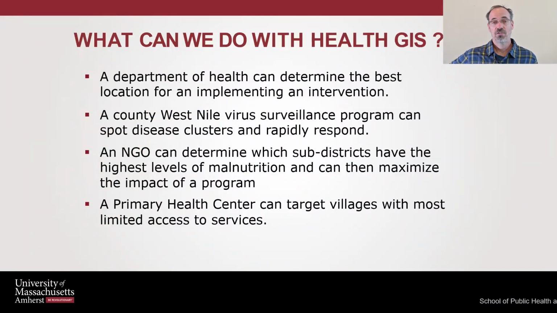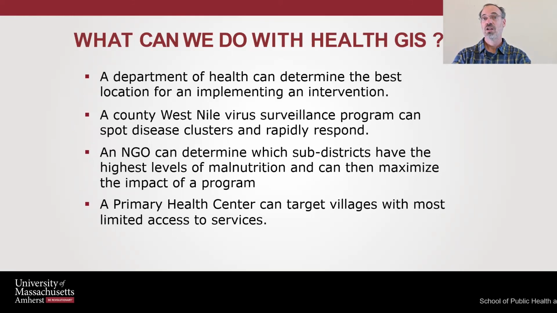What can we do with health GIS or spatial epidemiology? A Department of Health can determine the best location for implementing an intervention. Just as we said, we can target public health resources. A county West Nile surveillance program, for example, can spot disease clusters and rapidly respond.